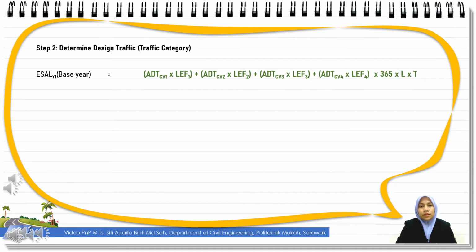Calculate the design traffic, that means number of axles, for the design lane and base year Y1, which means the first year of the design period, using the following formula.